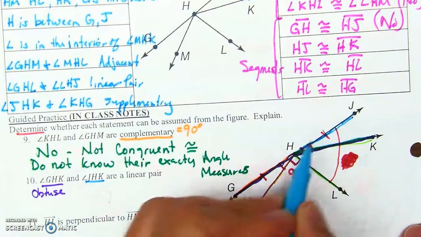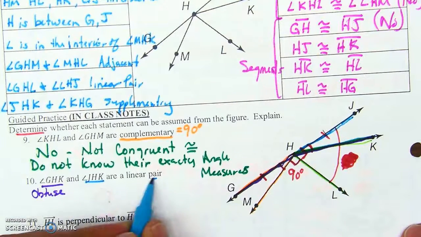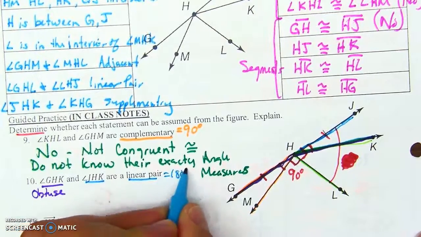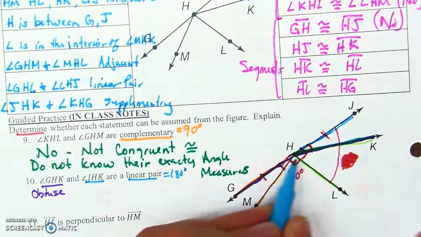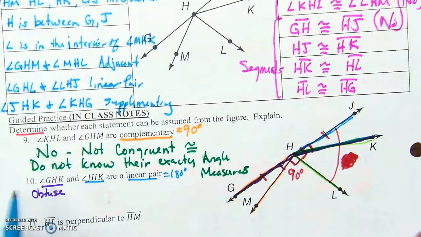Okay, so here's this angle here. So we're talking about purple here, and we get our linear pair. Again, the definition of a linear pair means that they have to equal 180 degrees, they have to be adjacent to each other, and they have to form a straight angle which equals, like I said, 180 degrees. If I were to draw a straight line from G all the way to J, which it shows here, do these two form a linear pair?